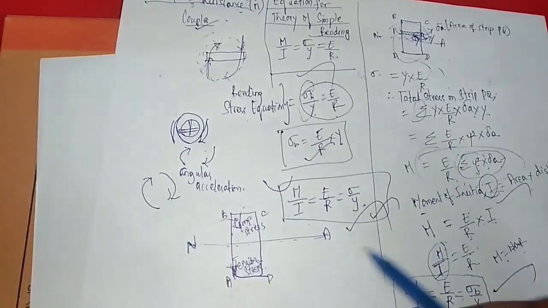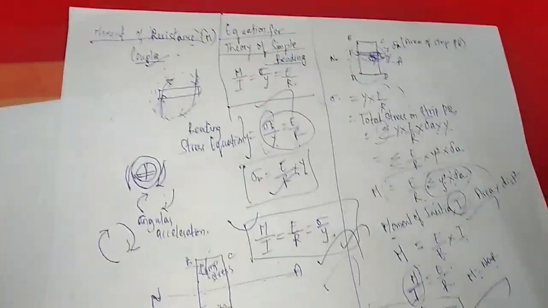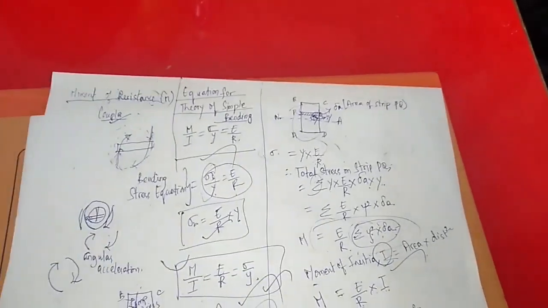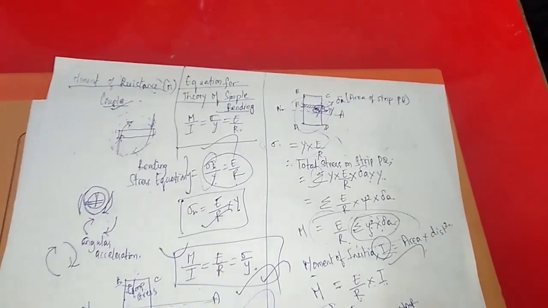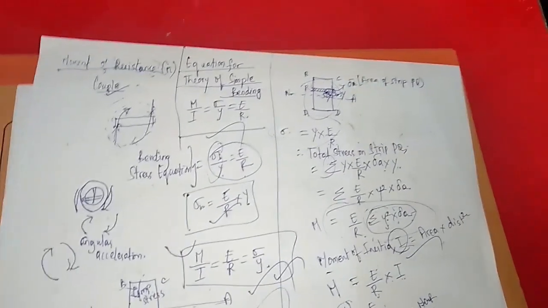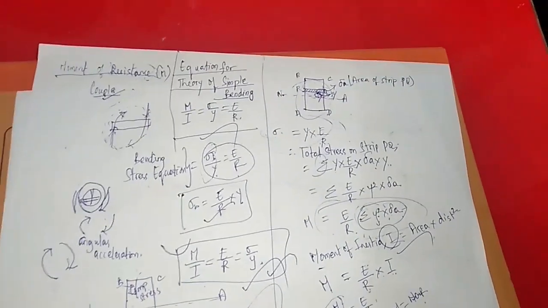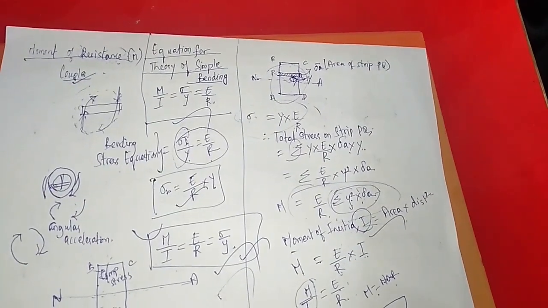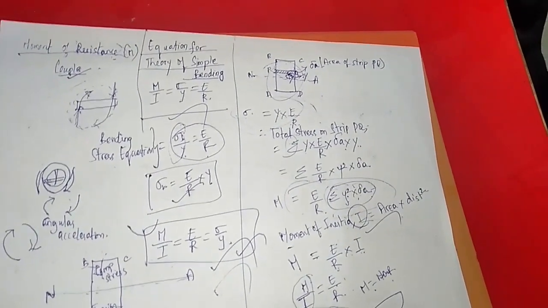You know how to derive this. In your examination they may ask you this as a derivation also. They may ask you to derive the expression for simple bending, or derive the equation for the theory of simple bending. Or else they may ask you to derive the moment of resistance of a particular section from the bending stress equation.